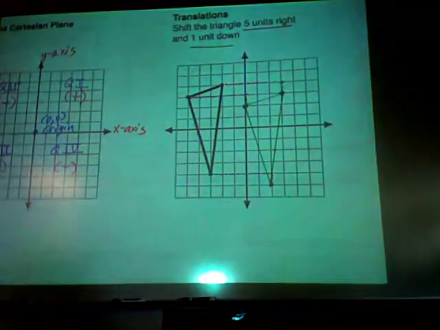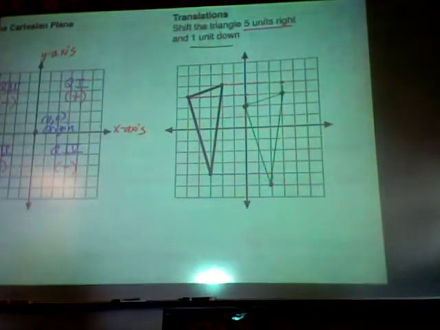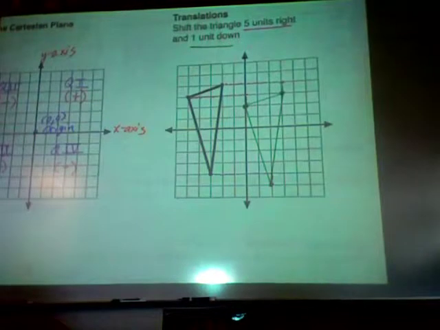And so now with the translation, you should have the same exact shape, but it's just slid. So it should not dilate. You okay with that, right?